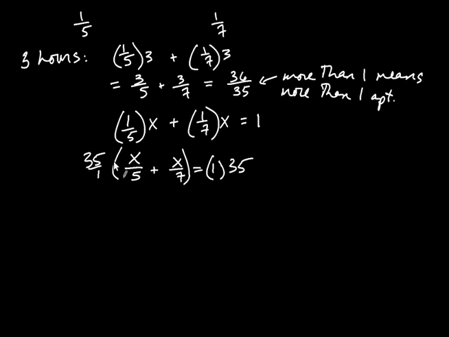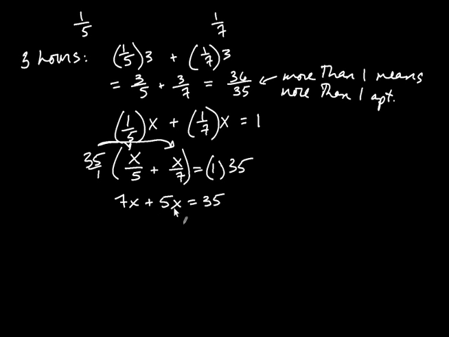So when I take that 35, because it's addition here, you have to distribute it, right? So you multiply it by the first, multiply it by the second. Okay, 5 goes into 35 7 times, so you get 7x, plus 7 goes into 35, it's going to be 5 times, right? And 5x, and the right-hand side is 35.